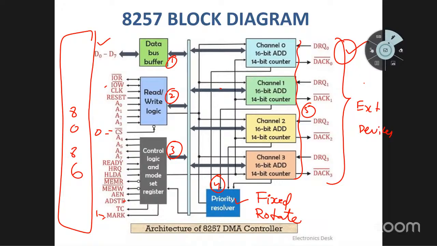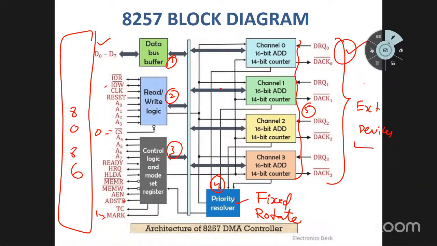Mark, task is completed for the first. Then again the 8086 is sending the next device input and that will establish the connection here. Then mark. Next, the priority, fixed priority, the rotating priority.